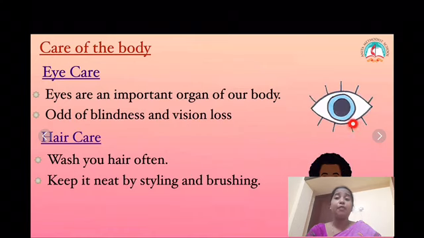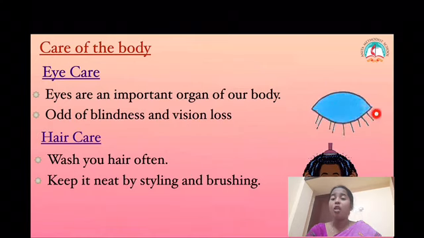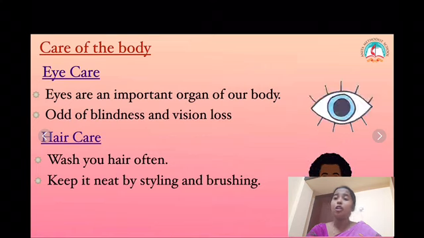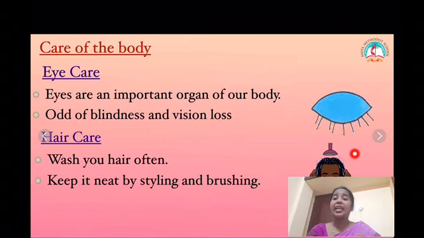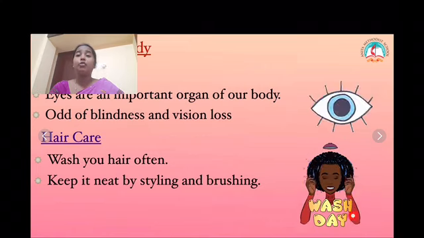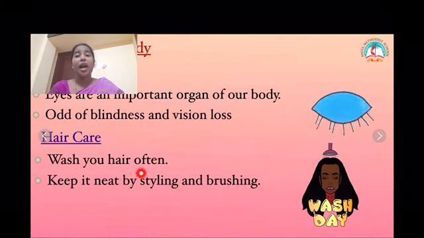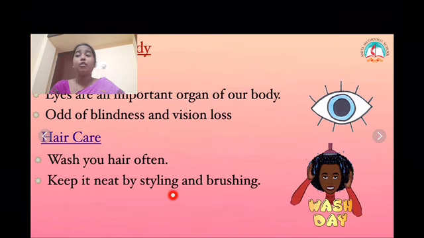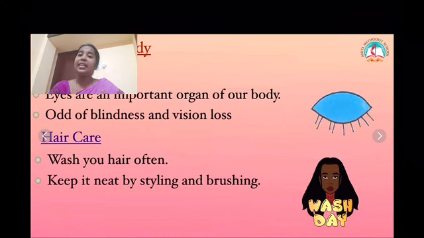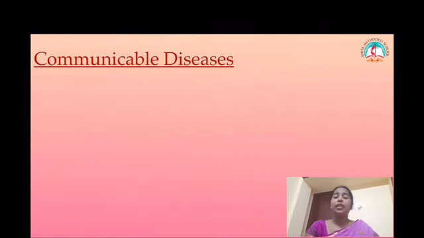So be careful, children. Don't watch TV and mobile phone for a long time. Next is hair care. Daily you have to wash your hair and keep it neat by styling and brushing.